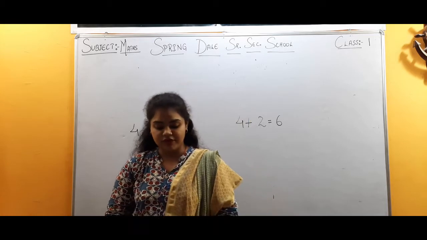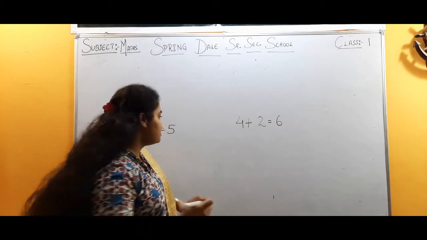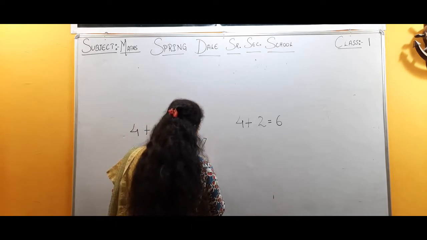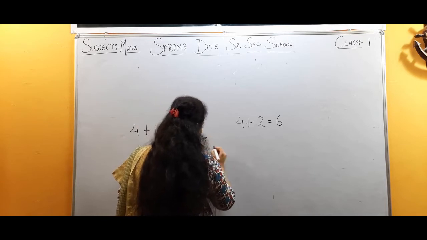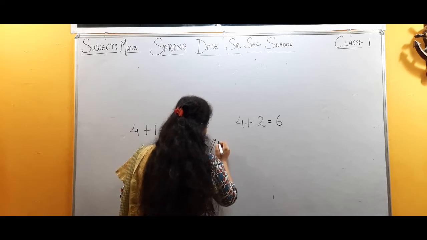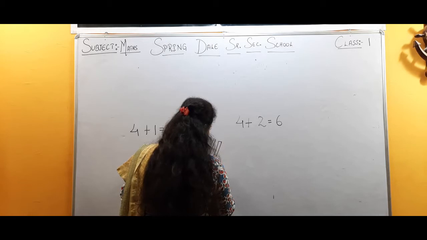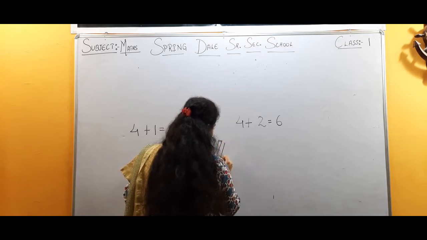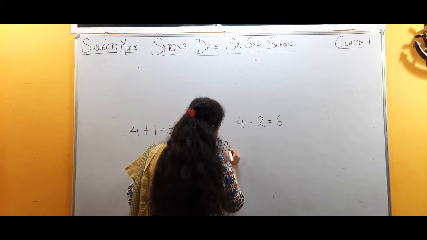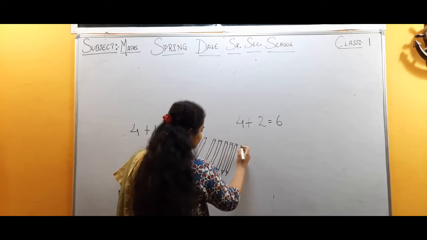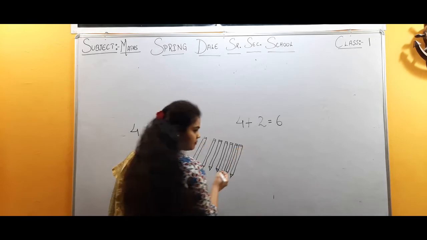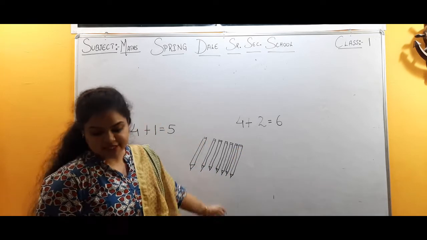Coming to the C part, we have 7 pencils. कितनी पेंसिल है हमारे पास में? Here we have 7 pencils.